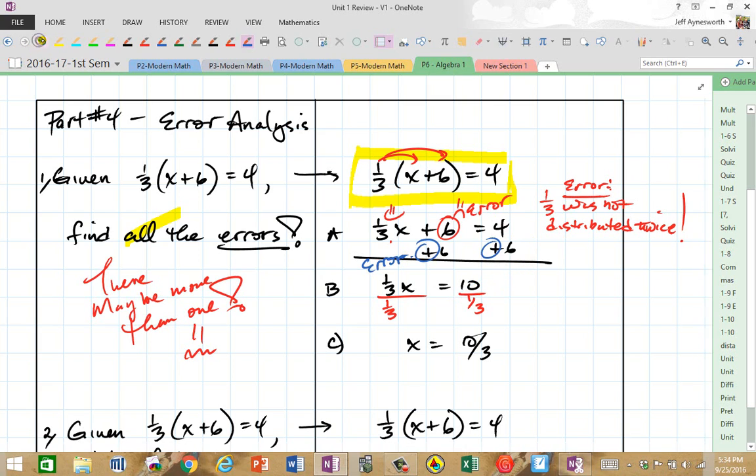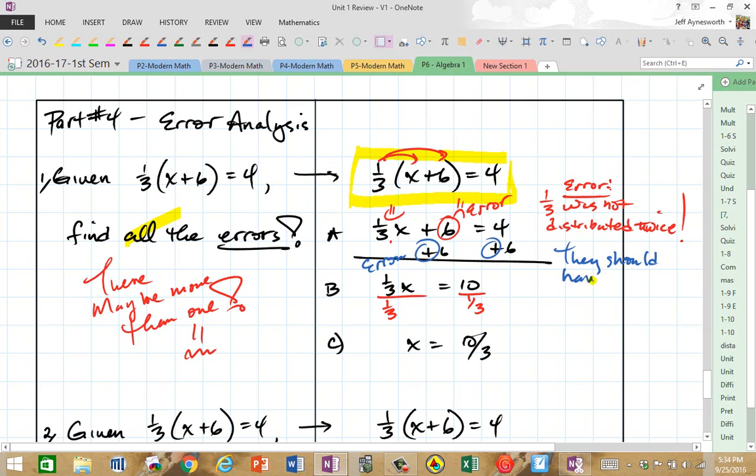They should have subtracted 6. They should have added the opposite, -6. So there's an error there.